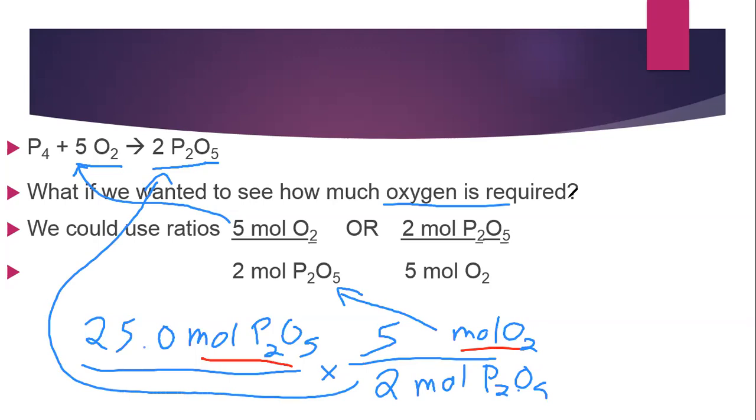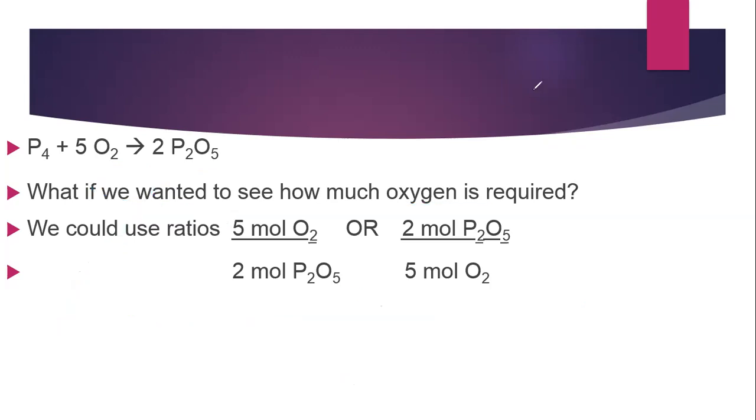I just go 25 times 5 equals, divided by 2 equals, the answer is 6.25 moles of O2. Remember, always use your units. Numbers mean nothing if there are no units, so you must always use units. Okay, let's go to the next screen.